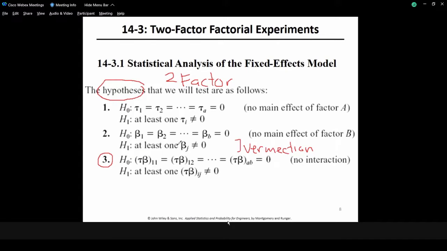So in our class, for two-factor, this is your null hypothesis. That means there's no interaction between A and B. Alternative, that means interaction exists. When interaction exists, you expect like this.